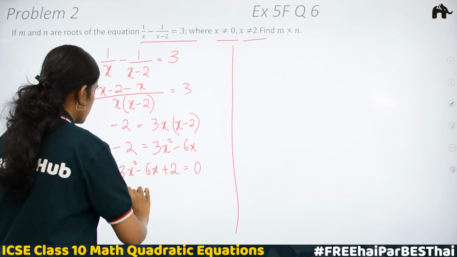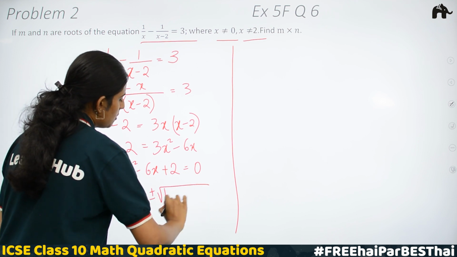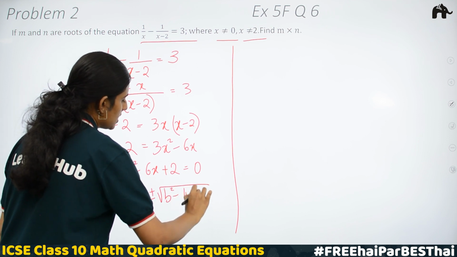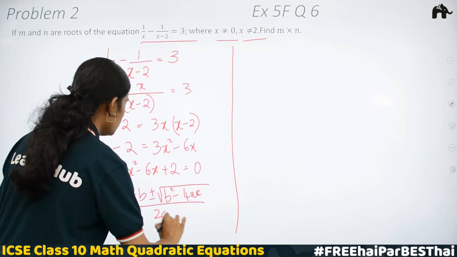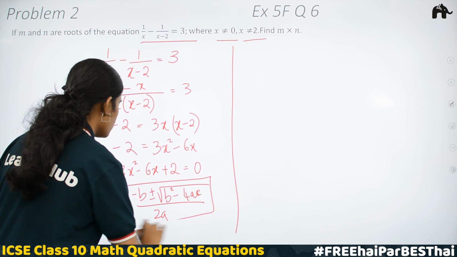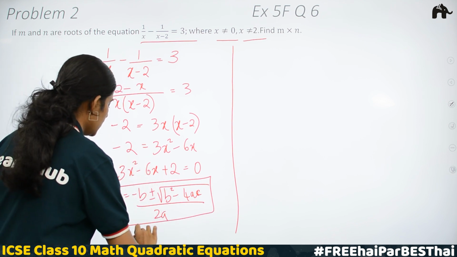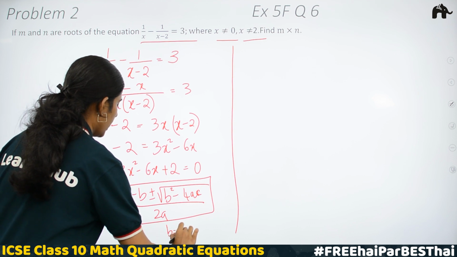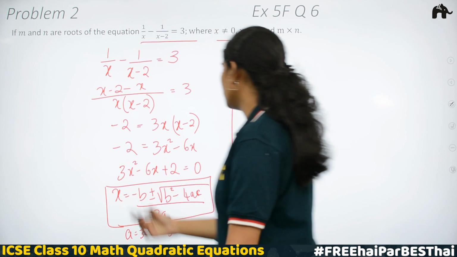We have the formula x is equal to minus b plus or minus root of b square minus 4ac divided by 2a. Substitute values for a, b and c. Here a is equal to 3, b is equal to minus 6 and c is equal to 2. Okay. Let's do the substitution.